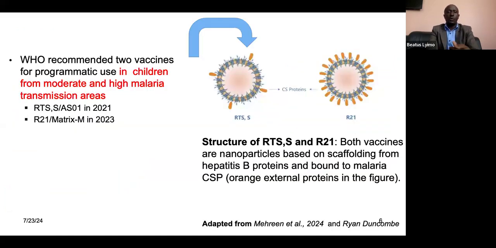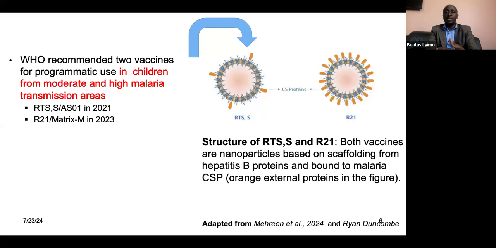We all know that WHO recommends 2 vaccines for programmatic use in children in moderate to high malaria transmission areas. These are RTS,S, which was approved in 2021, and the R21/Matrix-M, which was approved in 2023. The 2 vaccines have a close structure, which is why I wish to study both of them.